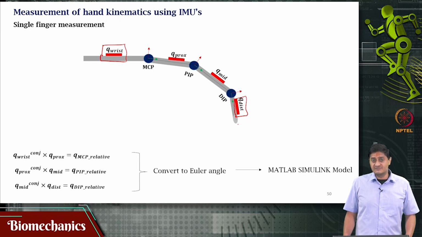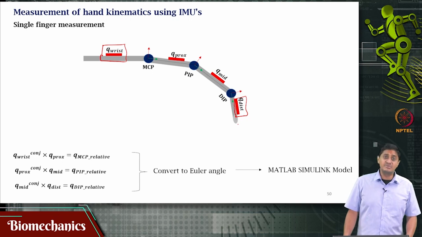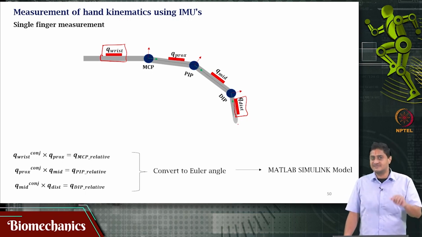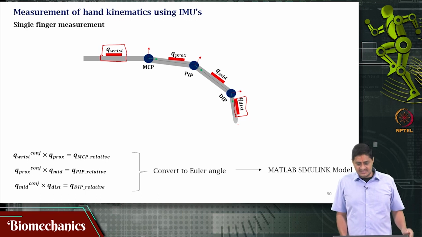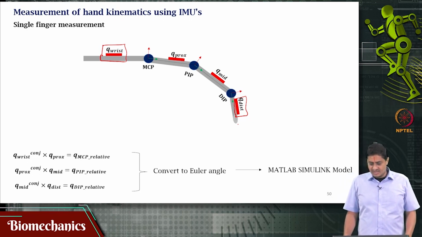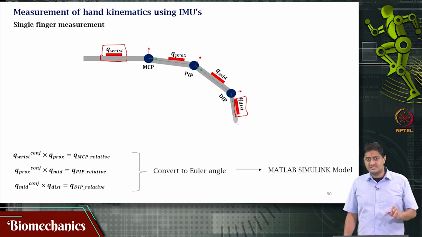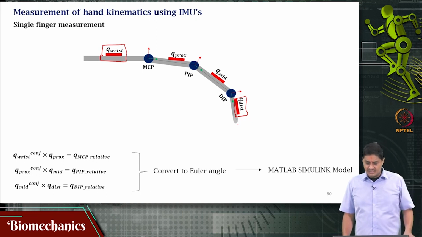But the distal phalanx will also include excursions that happen at the previous joints, although I do not know what these excursions are. So, I am placing it like this. For the time being, there are no sensors or IMUs placed at the proximal phalanx and at the intermediate or middle phalanx, let us say.